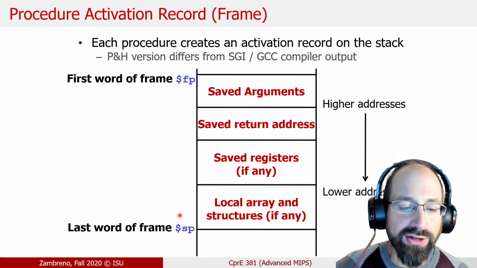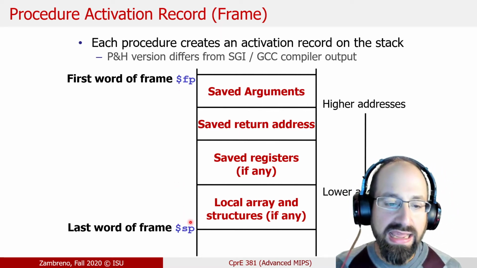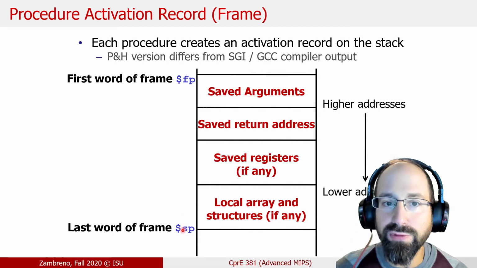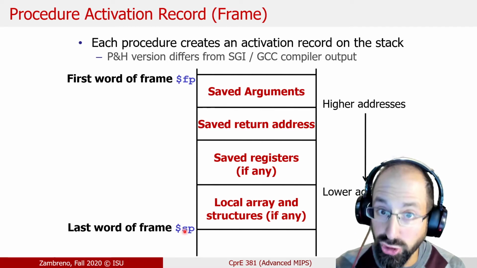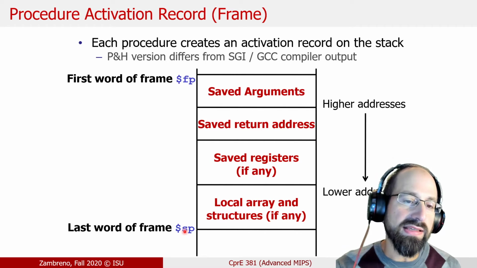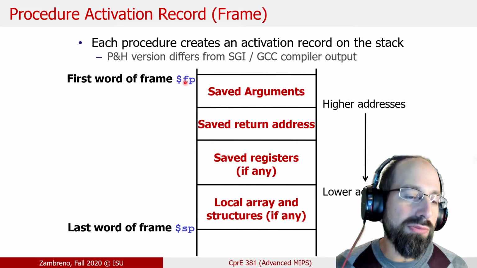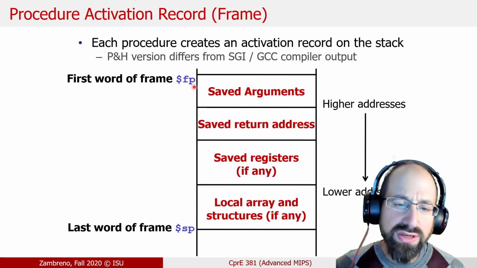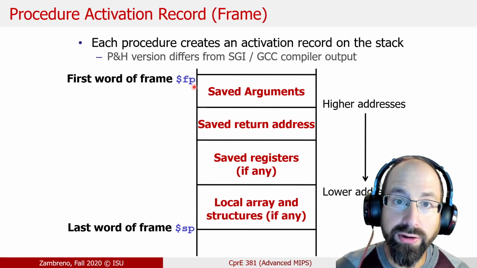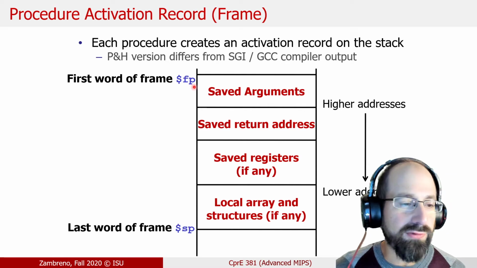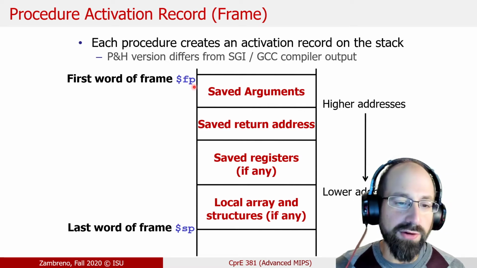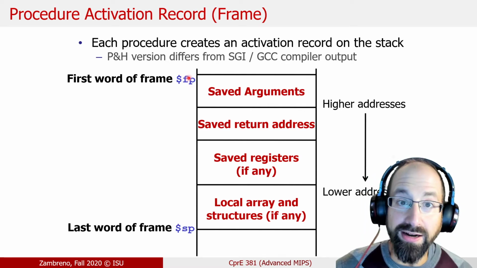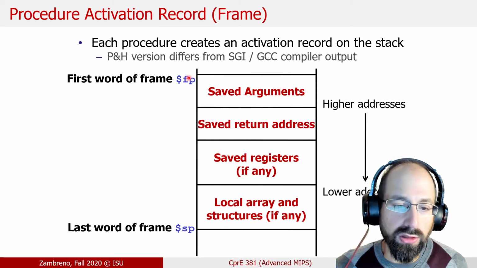One pointer or the other is sufficient to keep track of your stack as long as you know how large that stack frame was, and the compiler should be aware of how large the stack frame is. This is more of an assembly programmer convenience issue more than anything else. And you can tell GCC or whatever compiler you're using, and there's a command option for it saying, don't emit a frame pointer. Just skip the frame pointer entirely, and your code will still just work.